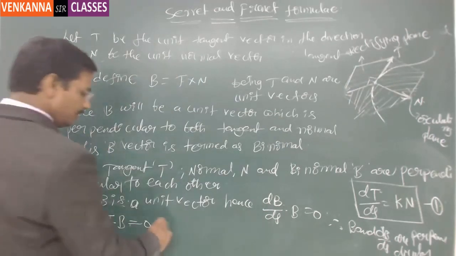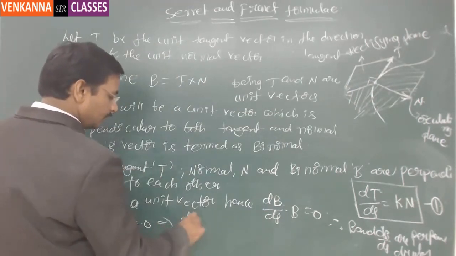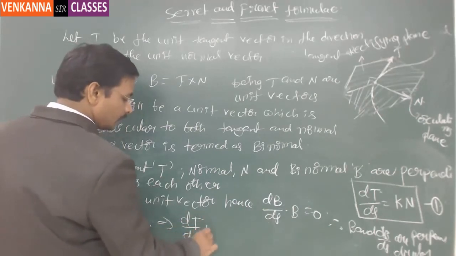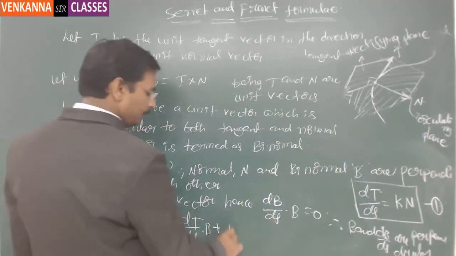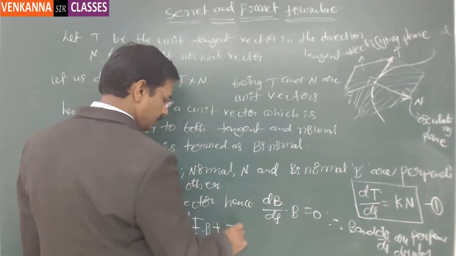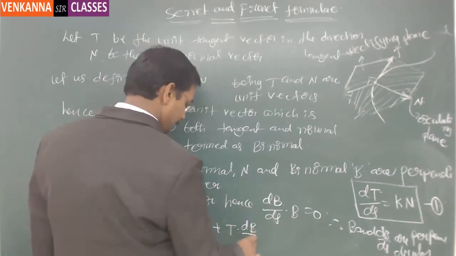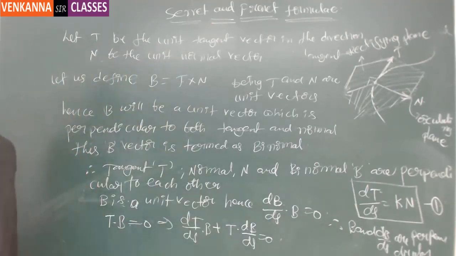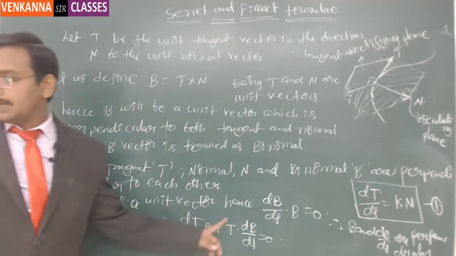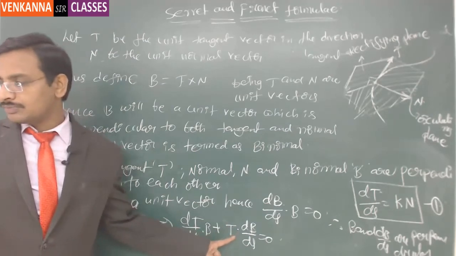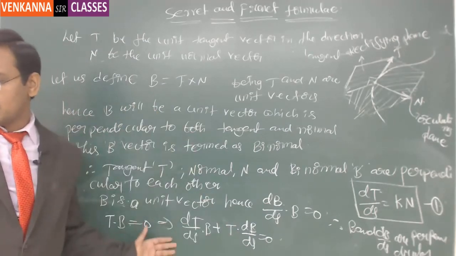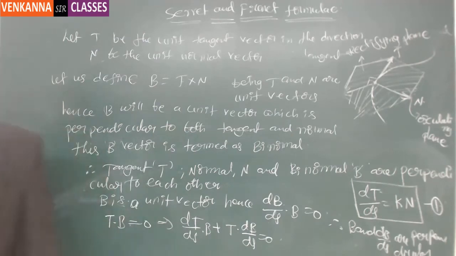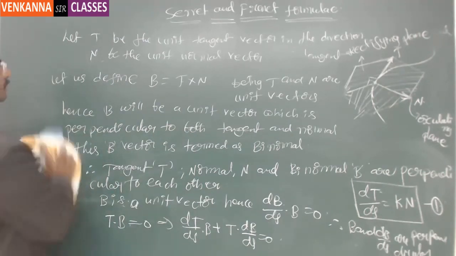If you take the derivative of this, dt by ds dot B plus T dot dB by ds is again equal to 0. Got it? Note down till this point; I am going to erase it and write it.